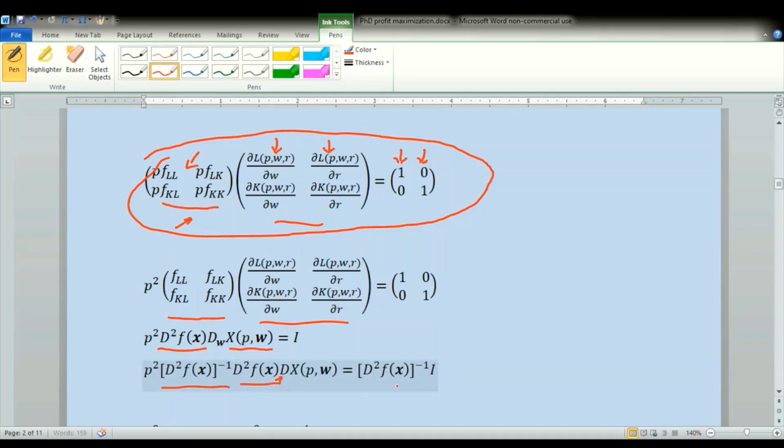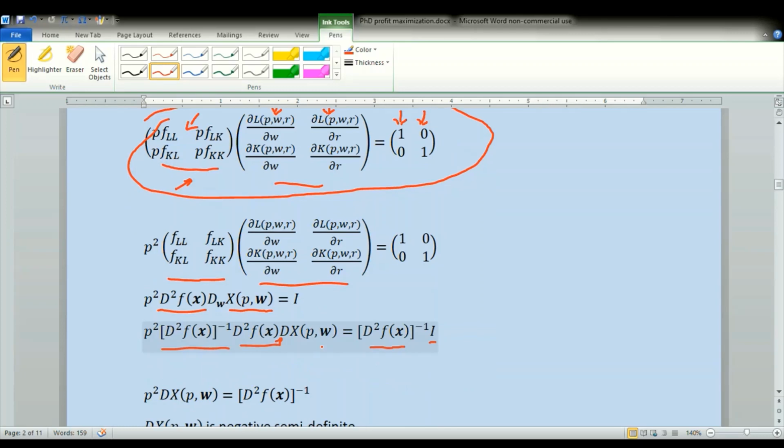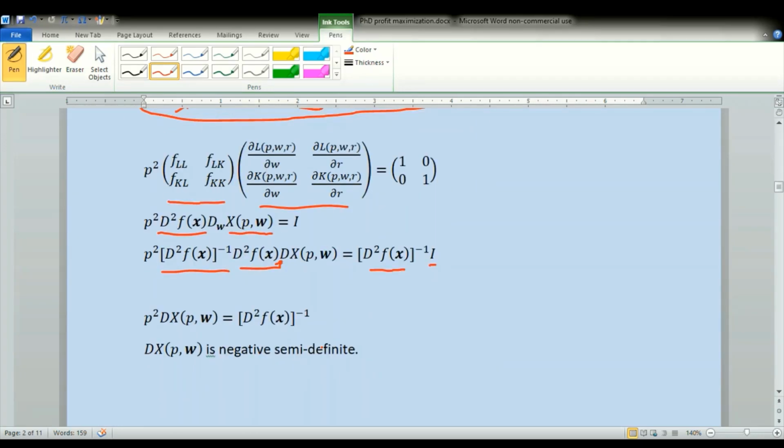The same thing I did here, pre-multiplied this identity matrix with this inverse of the second derivative matrix on this side, and so the equation does not change, but then see that this is like 1, and similarly when I multiply this thing by this identity matrix I get the same thing.